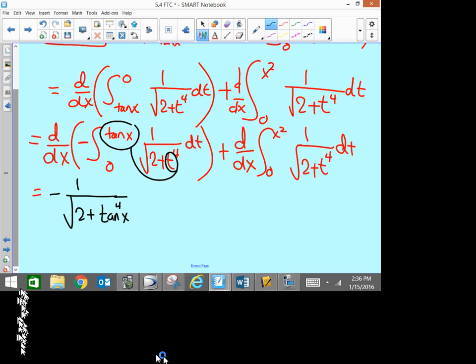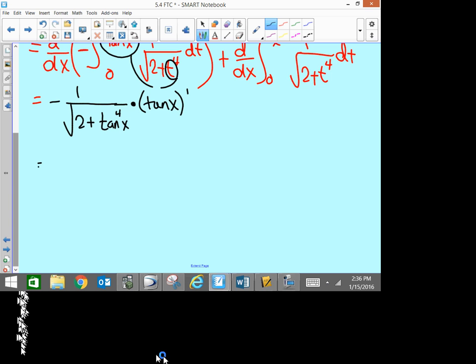Anything else? Secant squared, because that, remember, is the tangent derivative. Let me just do this step by step. I'm just going to throw this negative up here with the secant squared, over the radical of 2 plus tangent to the 4th x.